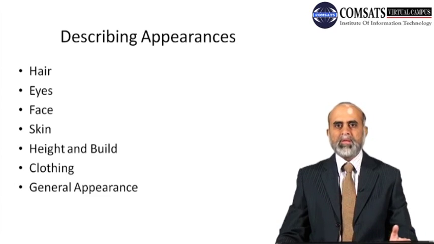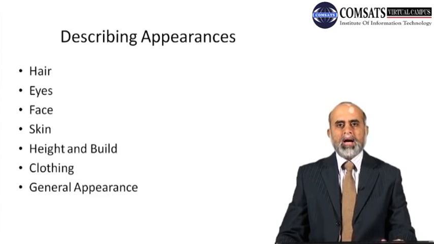If someone has golden yellow hair, it's called blonde hair. If someone has got blonde hair, especially a girl, we can call that girl a blonde. Similarly, if some girl has got brown hair, we can call her a brunette. If someone doesn't have hair at all, we might call him or her, most probably him, bald.